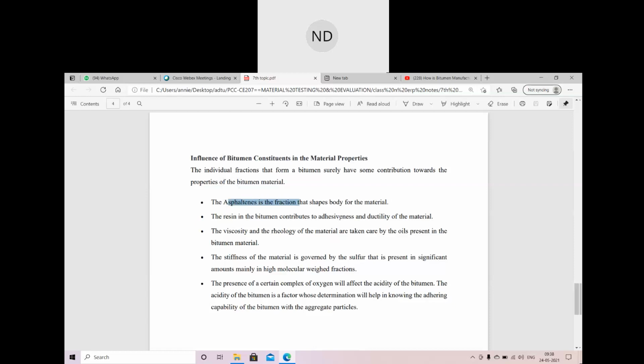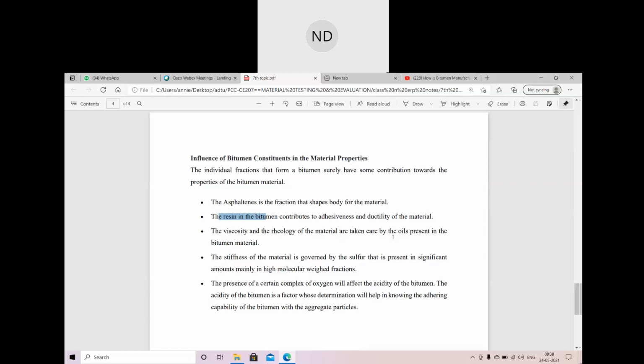And the adhesive property or the ductility of the bitumen depends upon the resin which is present in your bitumen. The viscosity and the rheology of the material are taken care of by the oil present in the bitumen.